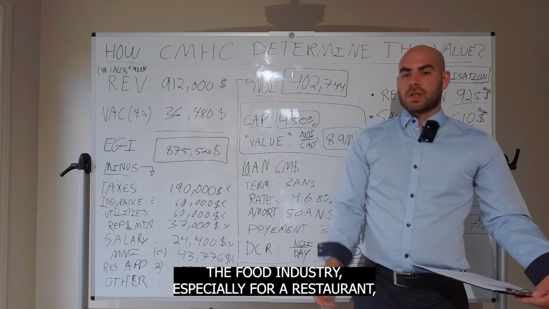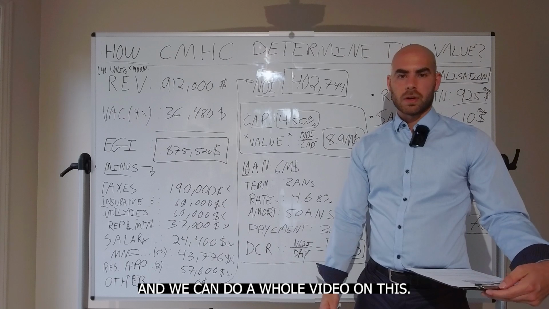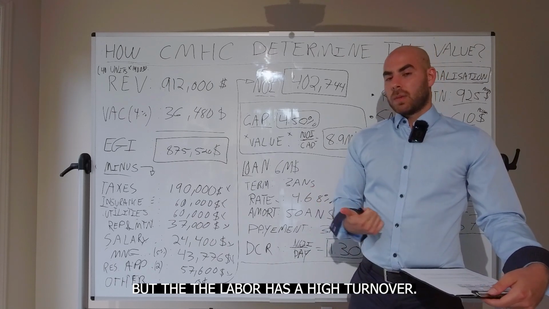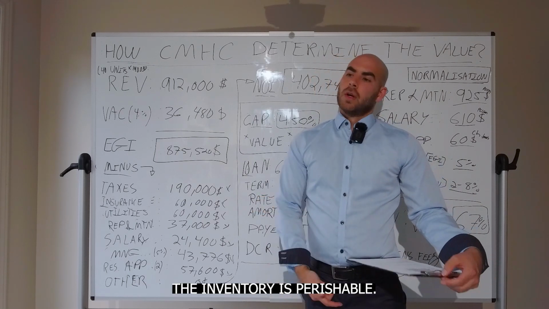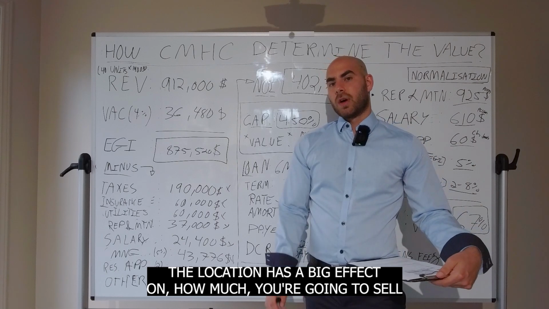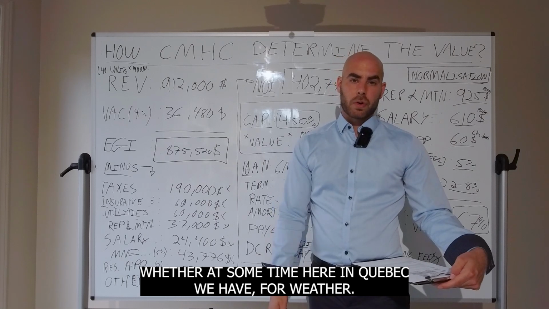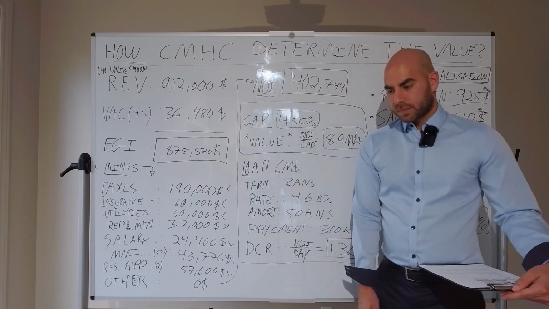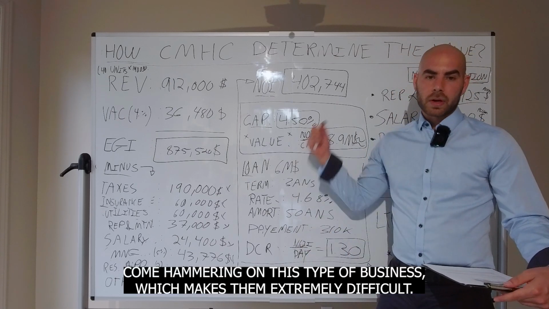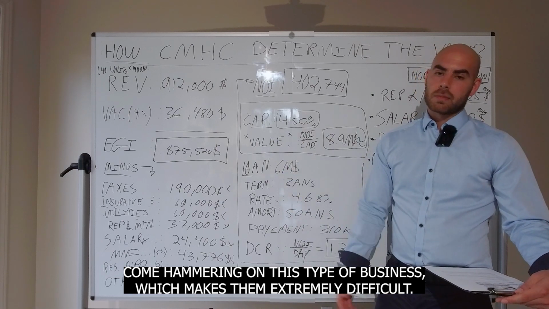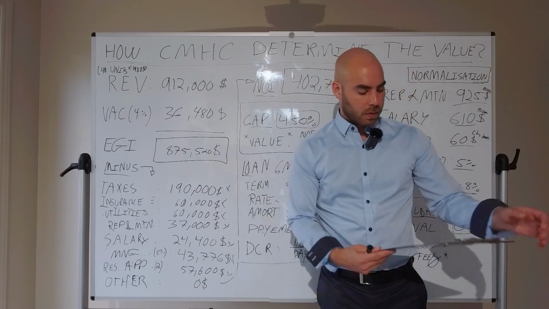The food industry, especially restaurants, is a very tough industry to deal with for many reasons, and we can do a whole video on this, but the labor has a high turnover, the inventory is perishable, the location has a big effect on how much you're going to sell, weather. Sometimes here in Quebec we have 4 seasons of weather, so it's not always easy. Also the reputation of the restaurant. So all these factors come hammering on this type of business, which makes them extremely difficult. But it's not only that, it's part of the reason why.